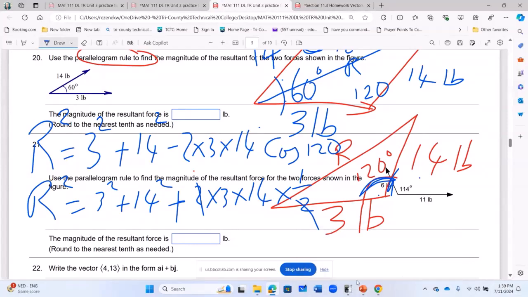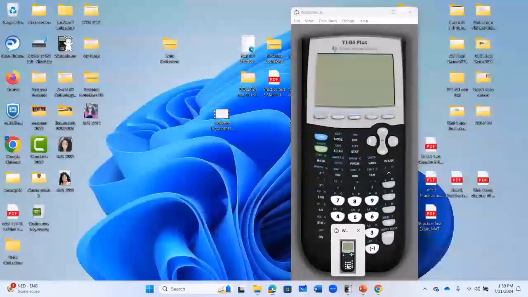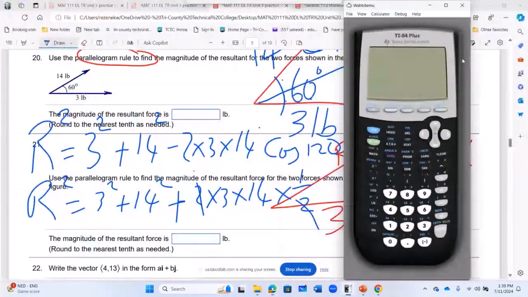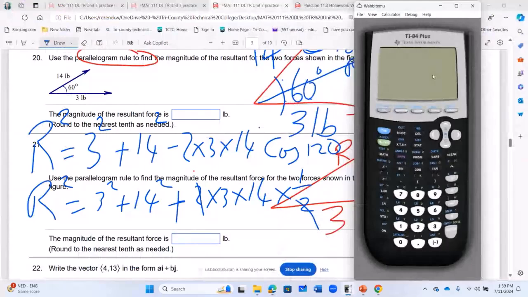I put my calculator up. And I can now find the square root, because I'm going to square both sides. So I'm going to clear square root of 3 squared is 9.